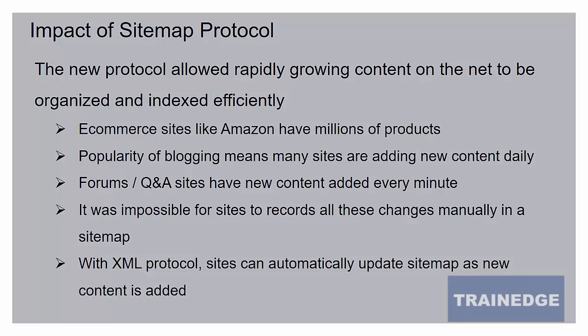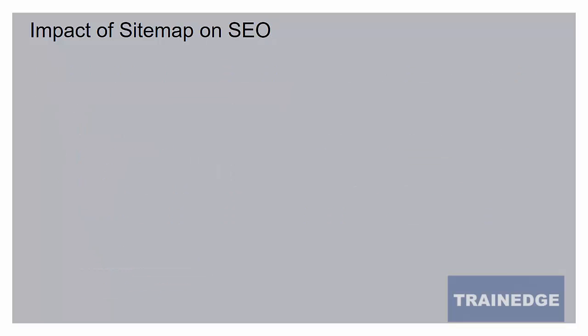So everything that is going on the site and that leads to new content that needs to be indexed can be automatically added or updated in the sitemap using the XML protocol programmatically. So instead of doing this manually, now it is all happening programmatically using software, and that makes it easy for sites to organize their content and Google to index it.